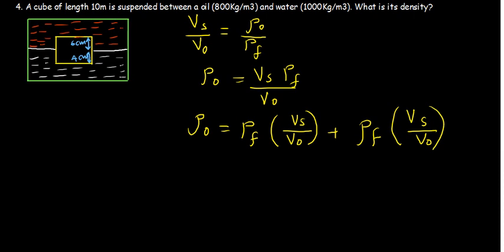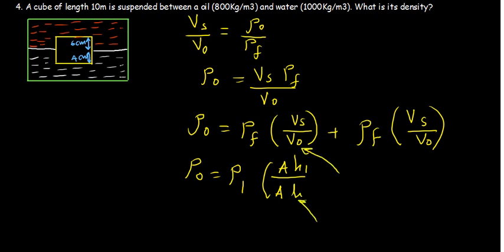How do you find volume? Let me call the densities P1 and P2. Volume is given by area multiplied by height. So the density of the object is equal to P1 times the area of the object multiplied by the height H1, over the area of the object multiplied by the total height H, since this was the total volume of the object.